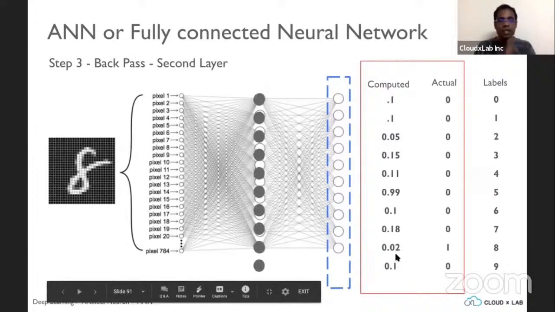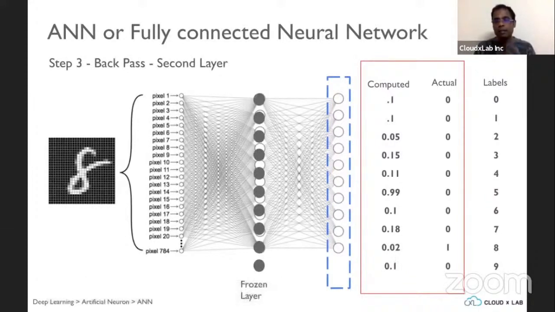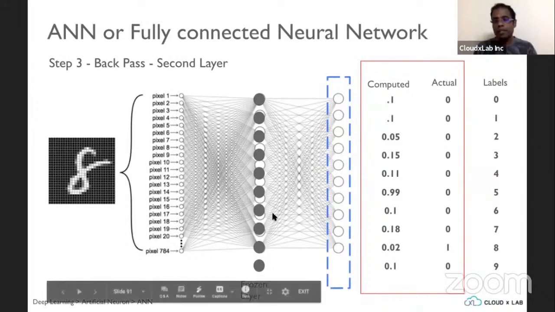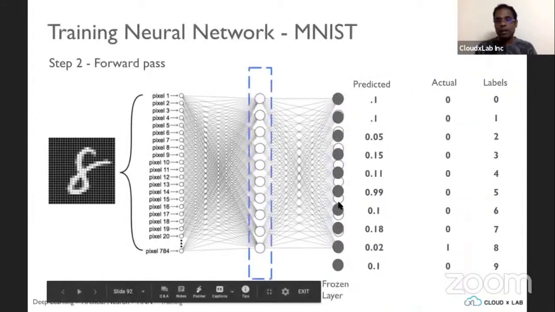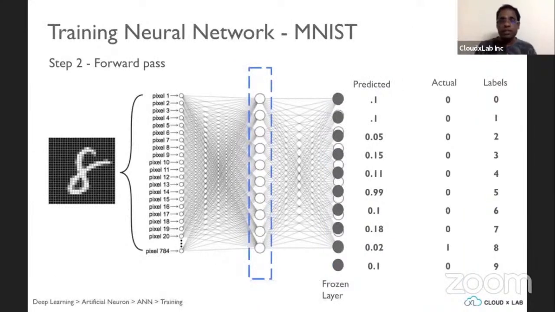So this information is then incorporated. How is it incorporated? You freeze every layer and check what is the impact of this first layer on it. This is done by what's called differentiation. For every layer, you find the differentiation, and you find the impact of the weights at each of these points, and in which direction.